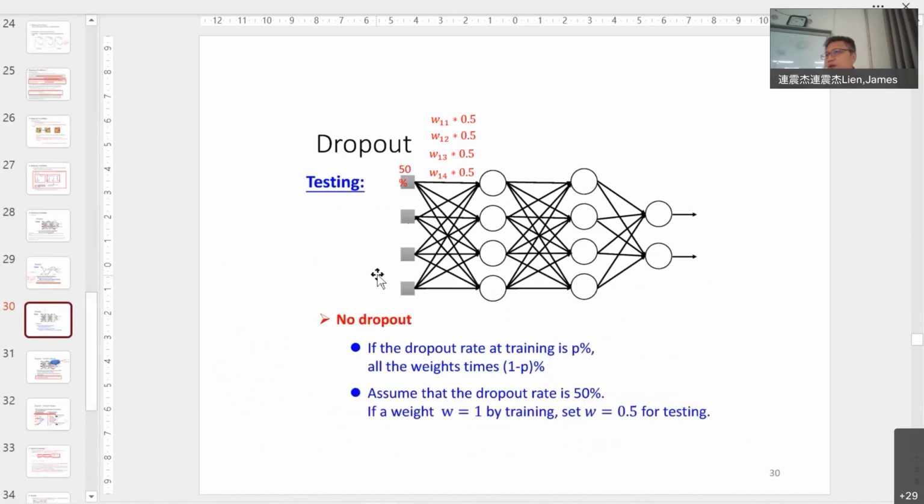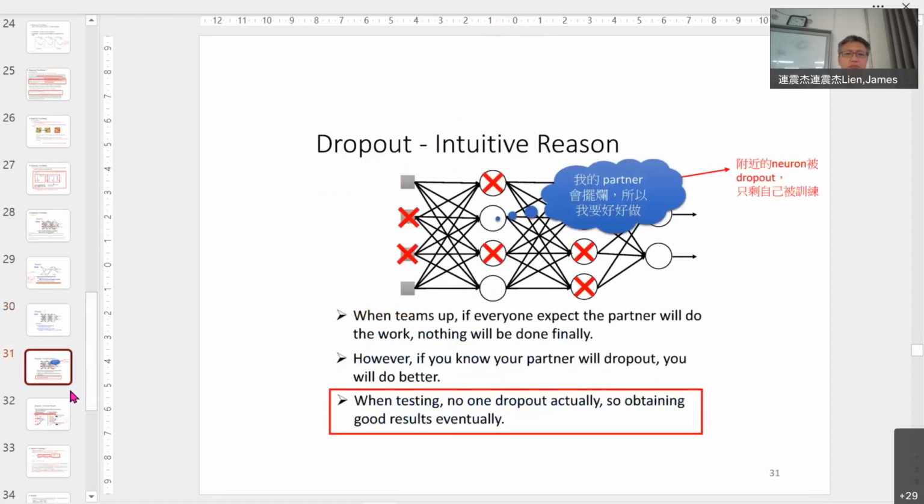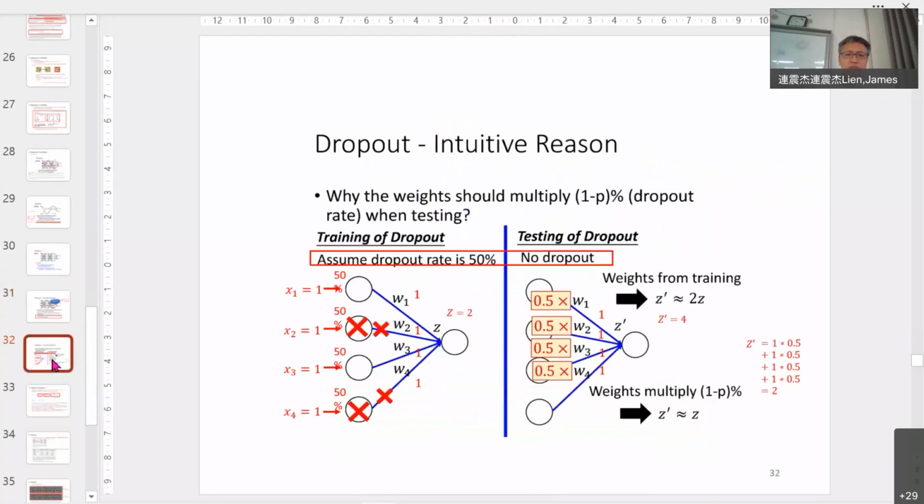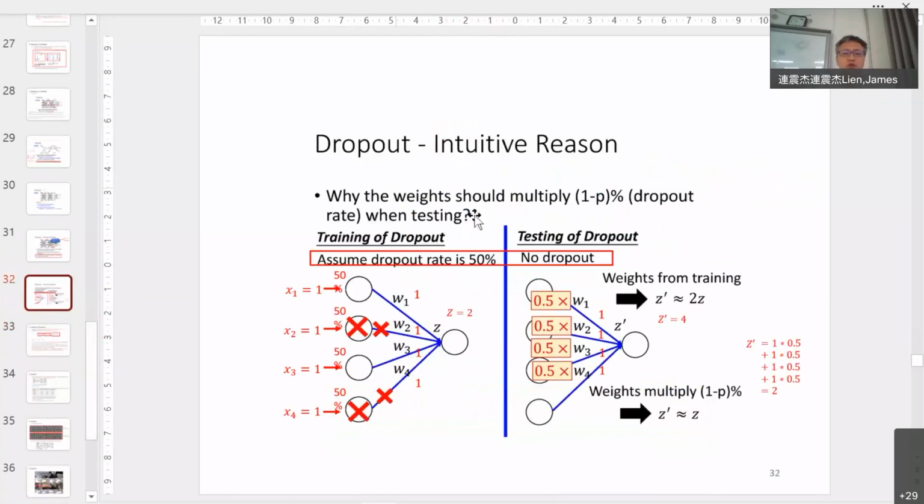Now for the training. After you do dropout during the training, for the test, all the cells, all the parameters will be used. So in testing we don't need to use dropout.